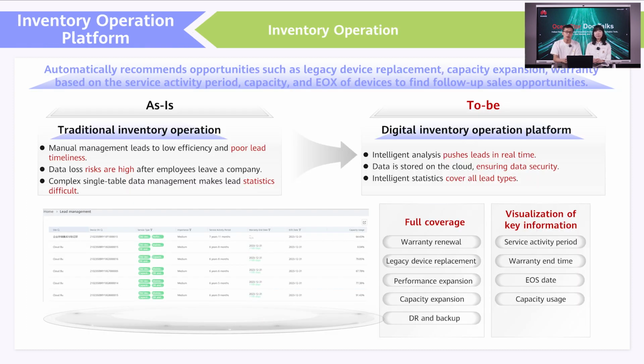Next, we will introduce the inventory operation tools provided by DME IQ. Currently, the intelligent lead management function is available on the DME IQ partner portal. Based on the O&M data of connected devices, DME IQ can comprehensively analyze device bottlenecks from the following perspectives: performance, capacity, life cycle, and warranty, and can also intelligently recommend leads related to warranty renewal, legacy device replacement, performance expansion, and capacity expansion.